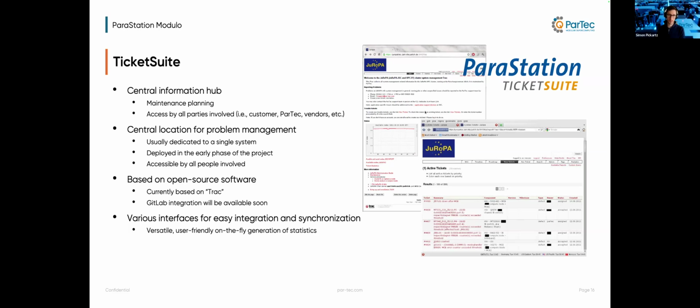But once the system has been installed and acceptance has been done, then of course the ParaStation Ticket Suite continues to serve as a vehicle for exchange between us, the hardware vendors, but also the customer side and hosting sides. Currently, we use the so-called Trac system, which is also the solution that we have deployed in the context of the EUPEX project for the EUPEX Early Access Program.